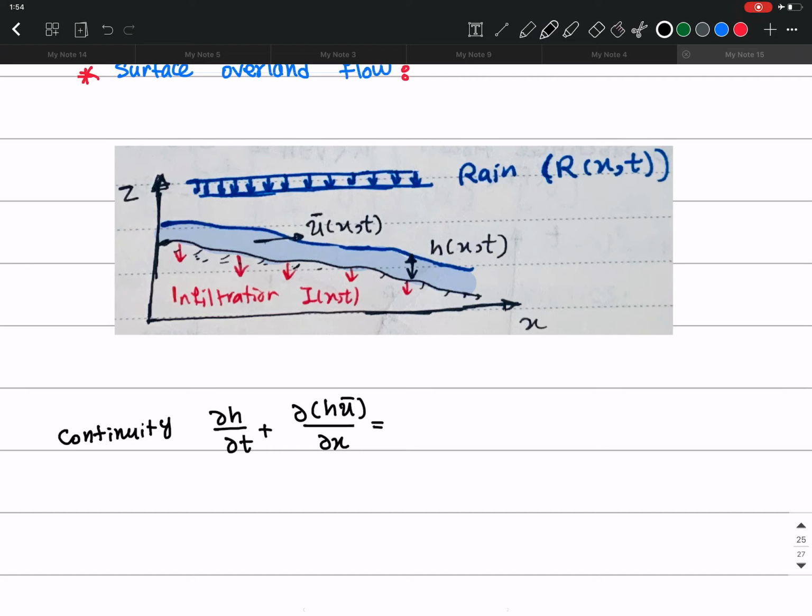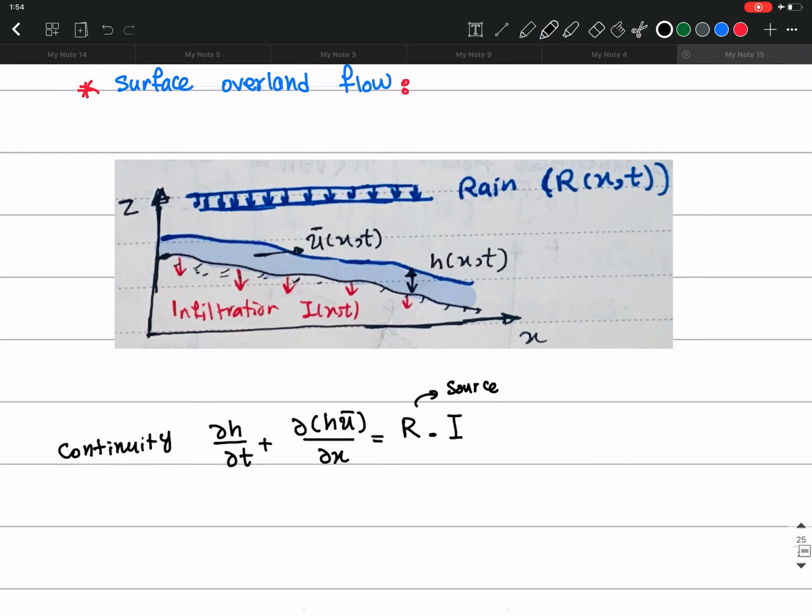So the source of mass or mass flux is rain. I'm going to show it with R, which adds to the control volume. And then we also have some sinks through infiltration, which I show as I. So R, or rain, is the source, and I is the sink. Okay.